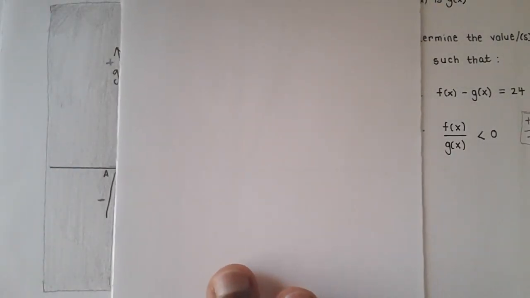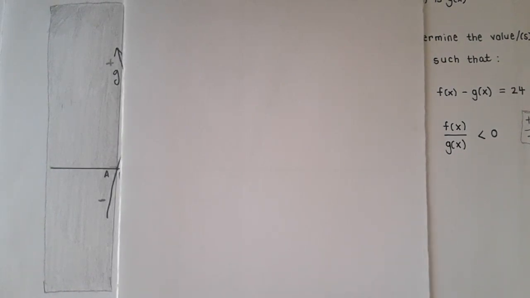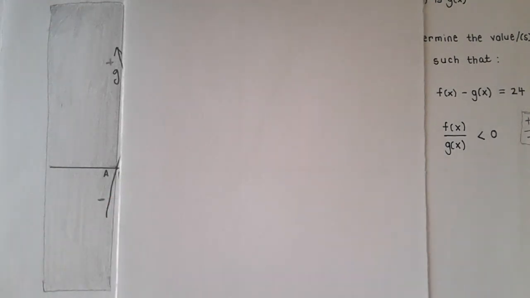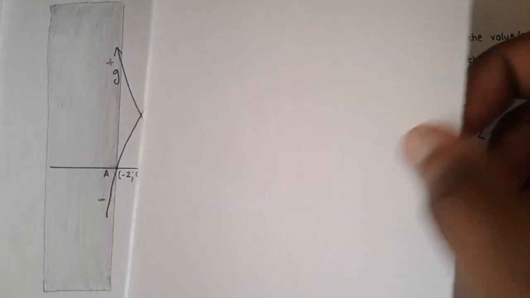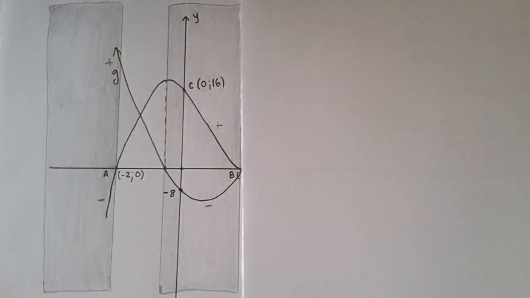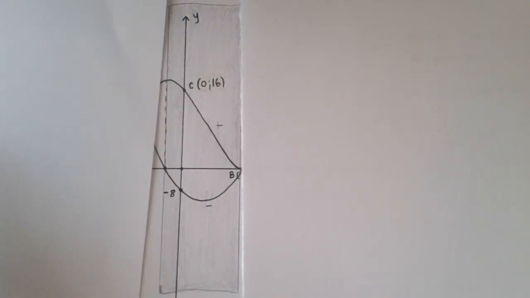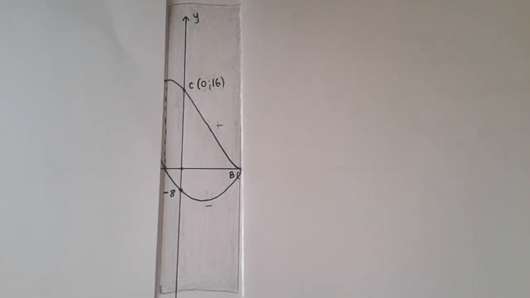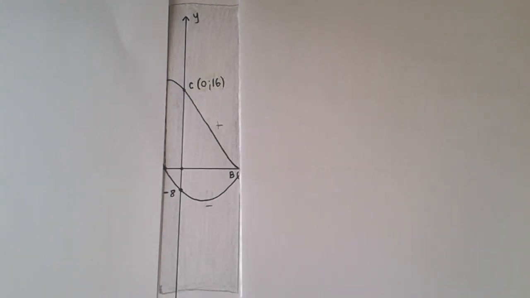You can see they are on opposite sides: one is below the x-axis, the other is above the x-axis. Let's look at the second one we identified. Again, one is above the x-axis and the other is below the x-axis.